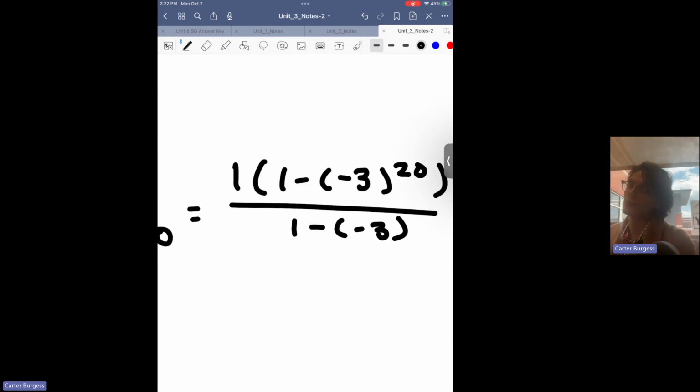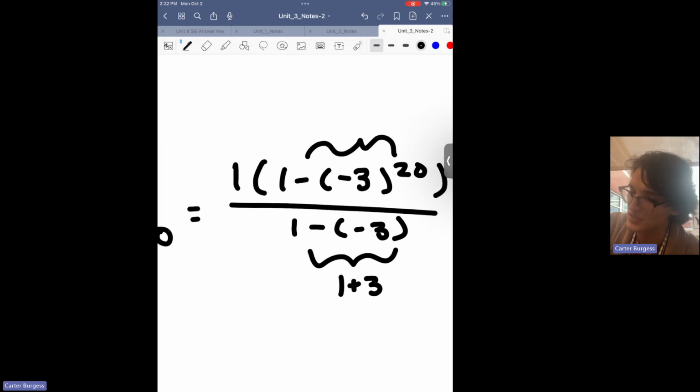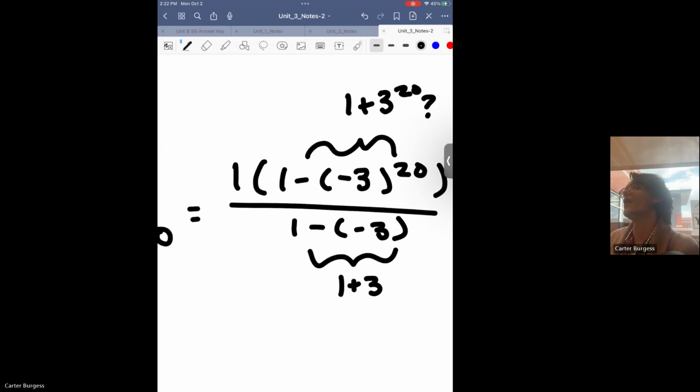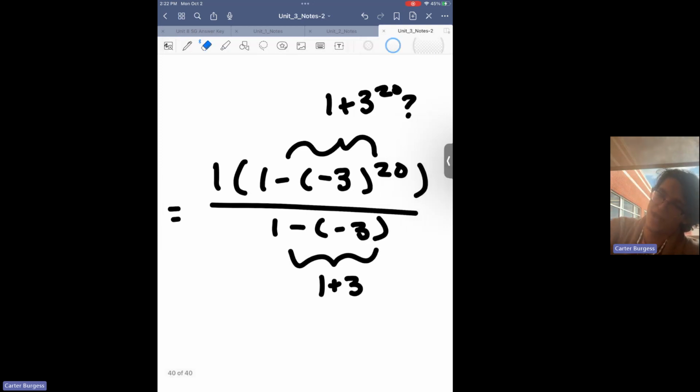For instance, down here 1 minus negative 3 is the same as 1 plus 3. Can I do the same thing up here? Can I say that this is 1 plus 3 to the 20? No, I cannot. I first have to apply my power, which makes the negative go away, at which point I just end up with 1 minus 3 to the 20.